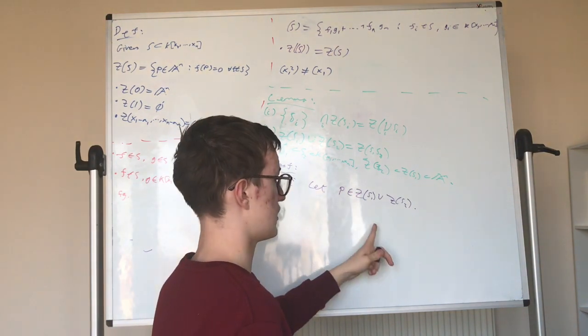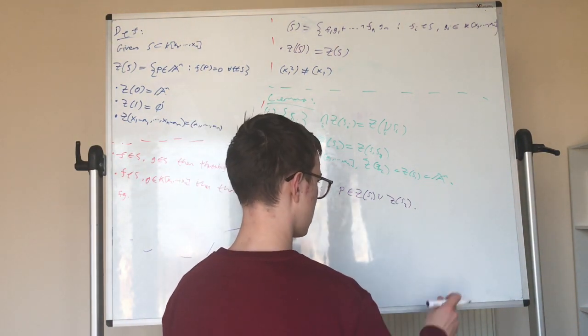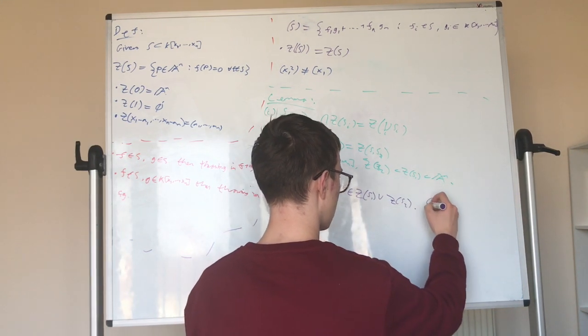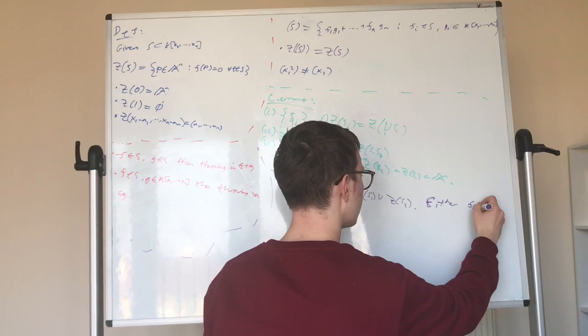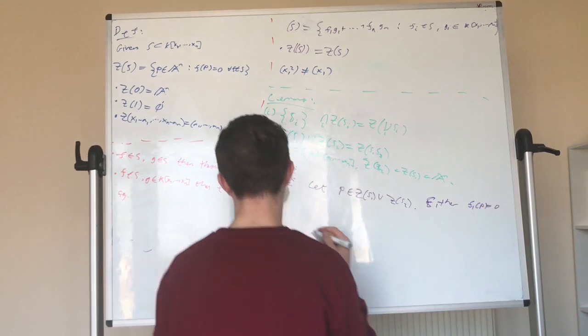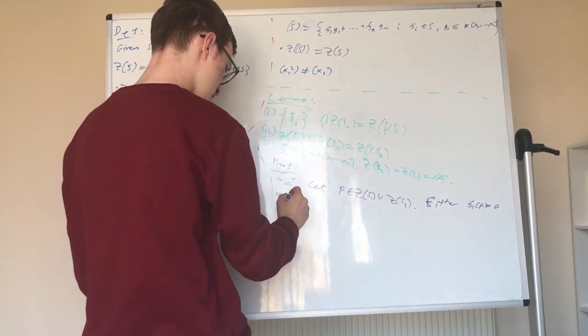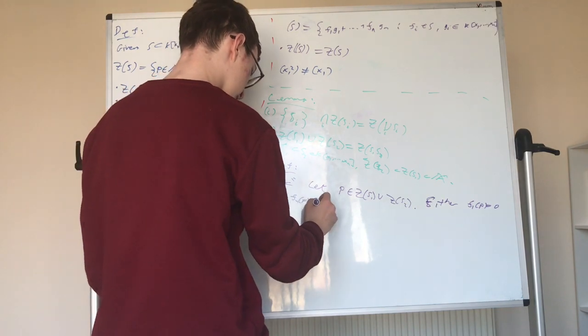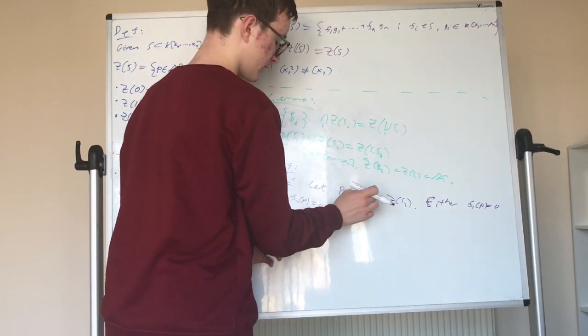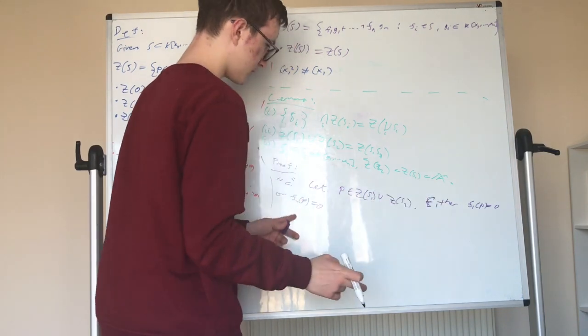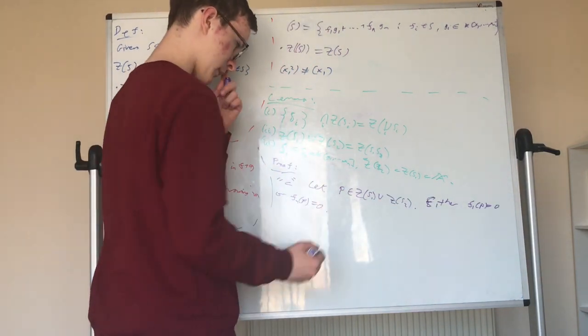This means that either F1 of P is equal to 0, or F2 of P is equal to 0, where F1 is any polynomial in S1, and F2 is any polynomial in S2.